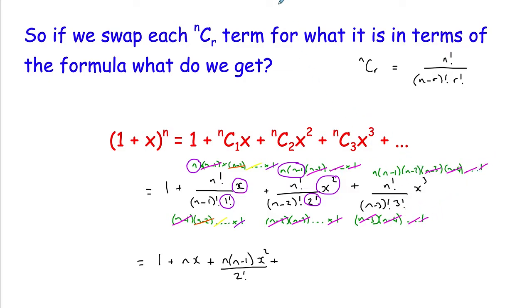And this time we are left with n times n minus 1 times n minus 2 on the top, our x cubed, and a 3 factorial. So let's add that in. n minus 1, n minus 2, x cubed over 3 factorial. And that pattern is going to continue forever.